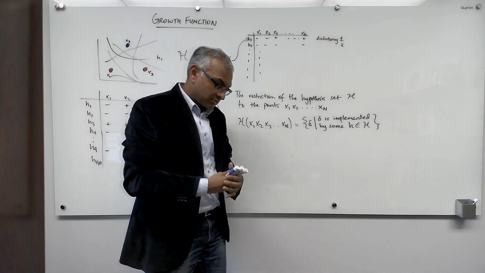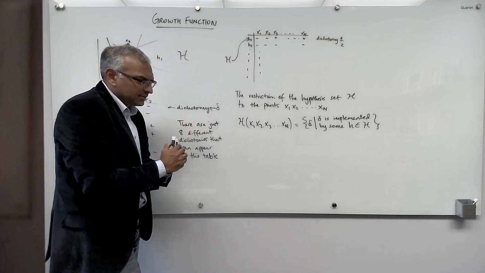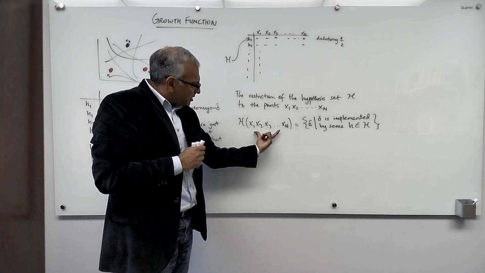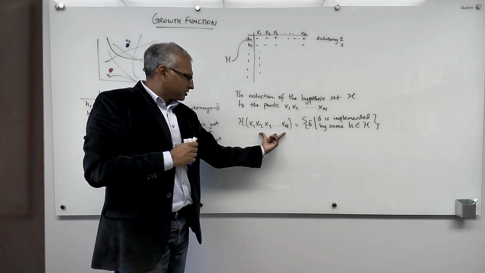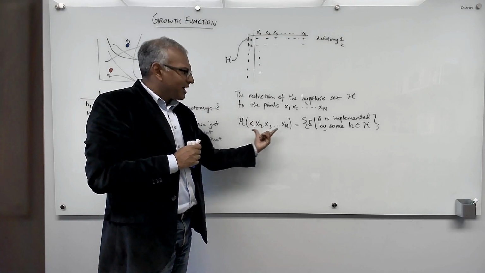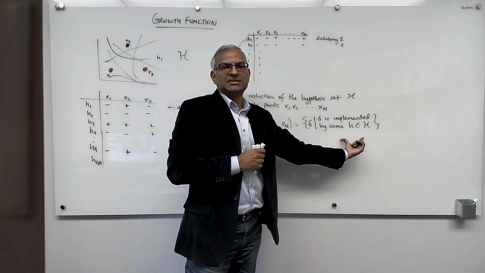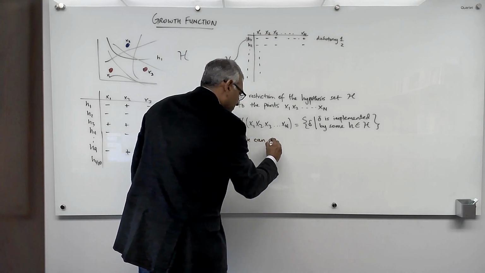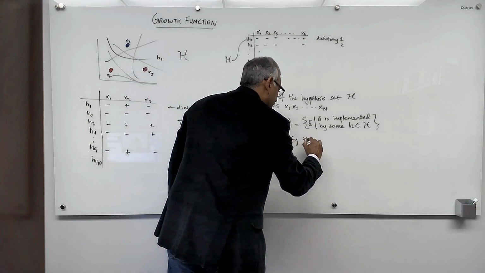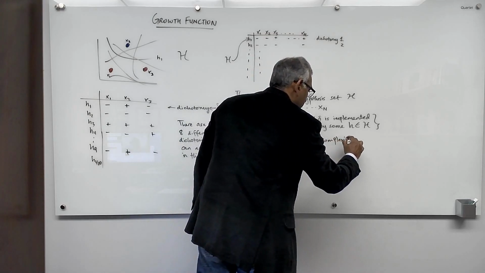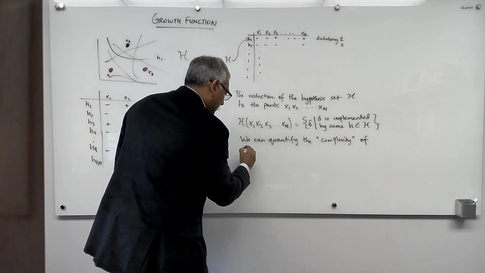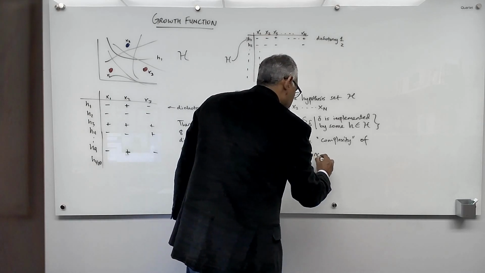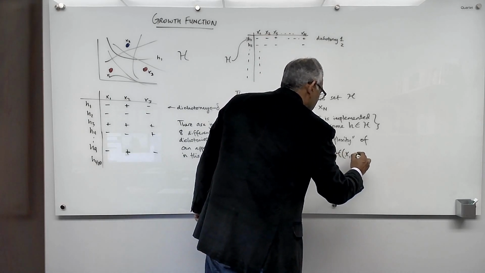So we can quantify the complexity, which includes the diversity of the hypothesis set, with respect to this set of points by the size of the dichotomy set. We can quantify the complexity of H on x1 to xn using the size of H of x1, x2 up to xn.